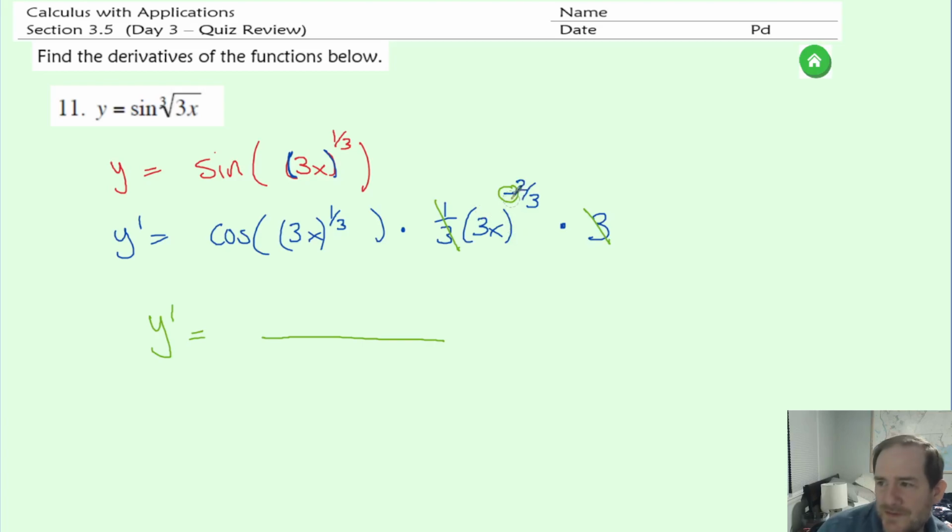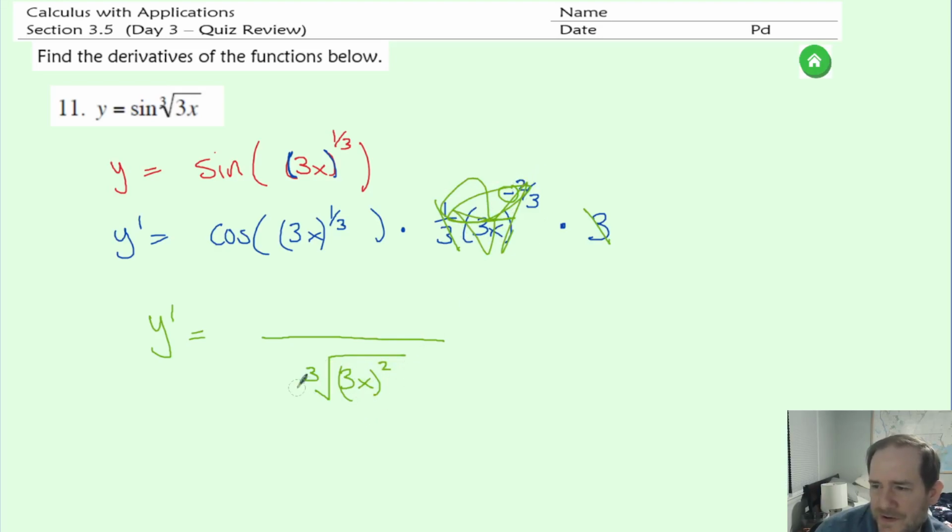So that means that downstairs we have a 3x to the 2/3 power, which wants to be returned to a cube root. So 2/3 would mean it's the cube root of a 3x squared, and it's the whole 3x getting squared. So that's this guy all taken care of.